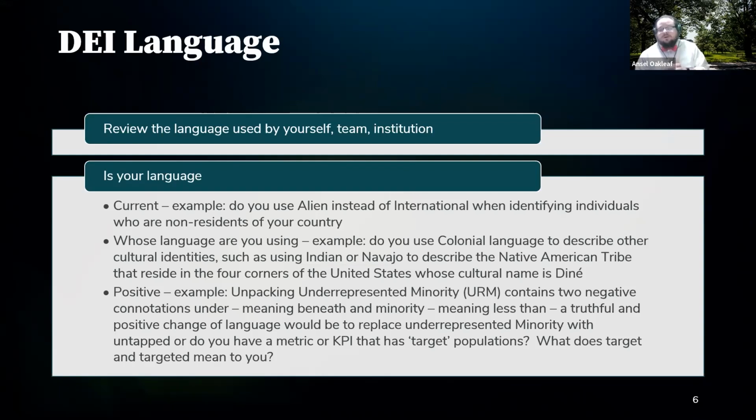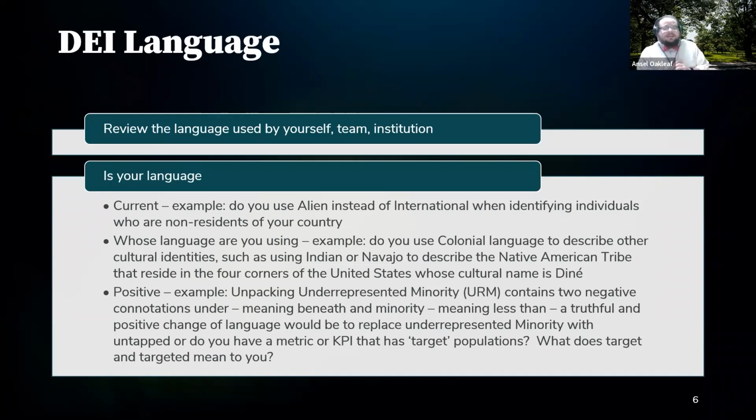So the first part that I like to talk about is language. Language is very pivotal in many aspects of cultures. The spoken word is very important. It has power within many cultures. Once you voice something and put it out there, it is embodied by those around us. So we have to be cognizant of the language that we use ourselves, through our team, through our institution.